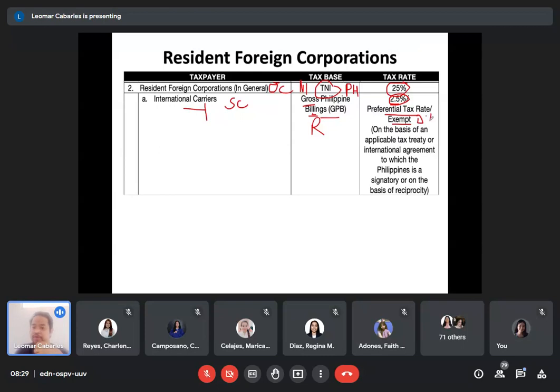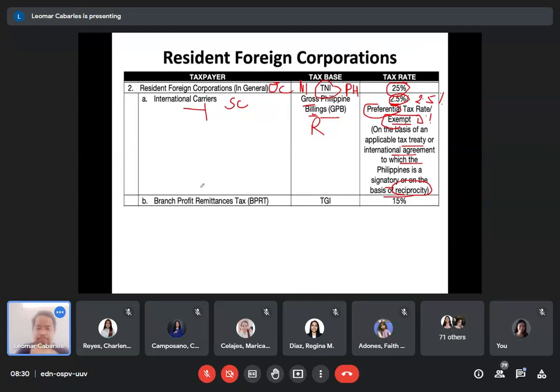However, for preferential tax rate to apply or to be exempt, kailangan merong tax treaty or agreement ang Pilipinas at yung country kung saan siya incorporated, or kung wala man, there's reciprocity. But generally, it's 2.5%. Preferential tax rate will apply or be exempt if there's a treaty or basis of reciprocity.